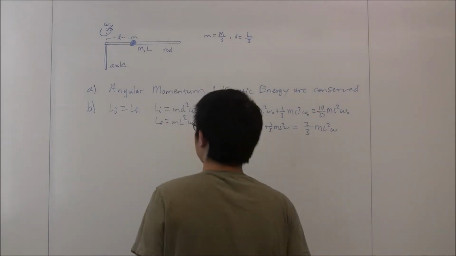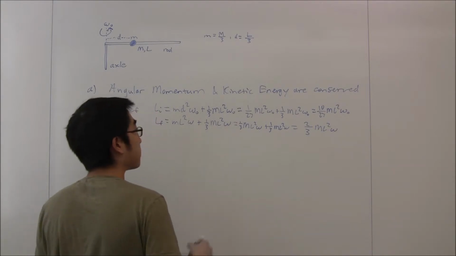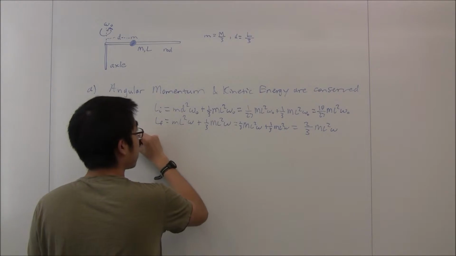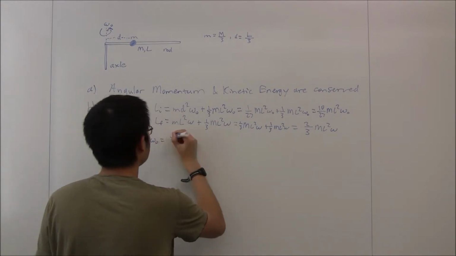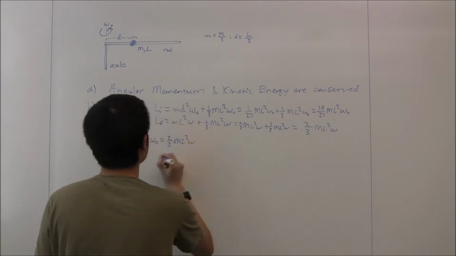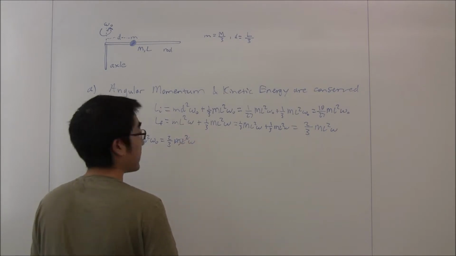So since we know that the initial angular momentum of the system is equal to its final angular momentum, we can equate these two equations and get that 10/27 big M L squared omega naught is equal to 2/3 big M L squared omega. So the M L squareds cancel out on both sides.